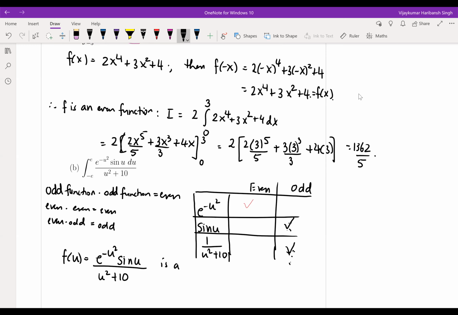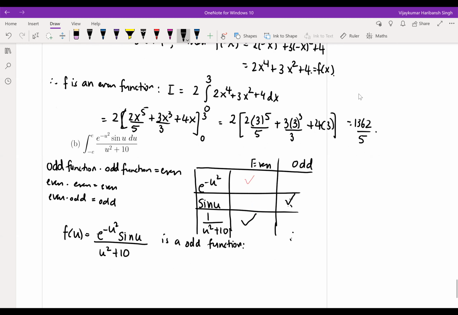Sorry, nobody corrected me. 1 by u squared plus 10, that's right, thank you, I mistakenly marked it as odd. It's not odd, it's even, right? So when you multiply two even functions, you get an even function. And then when you multiply with an odd function, you get an odd function. So this is an odd function.